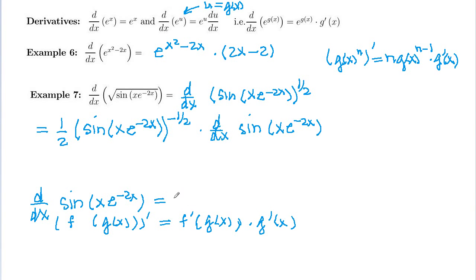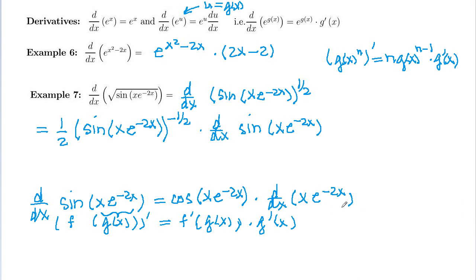So f prime, the derivative of sine, is cosine. The inside function g of x is the x e to the negative 2x. That stays the same. And then times the derivative of the inside, so times the derivative with respect to x of that inside, x e to the negative 2x.